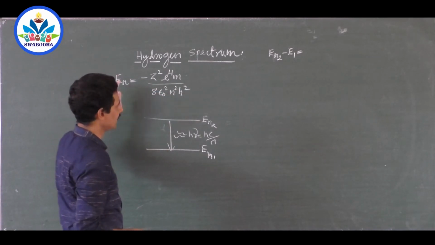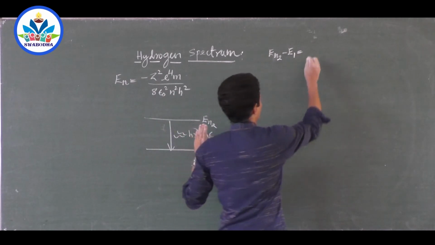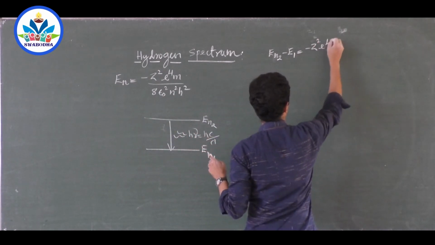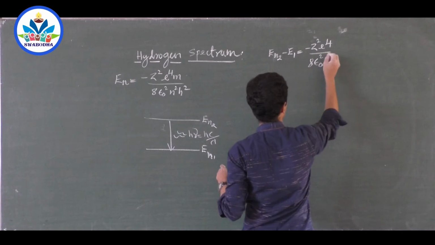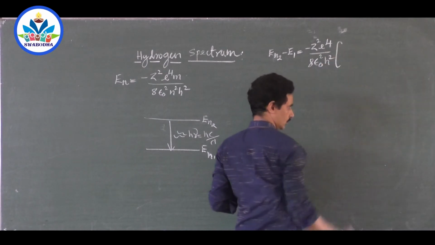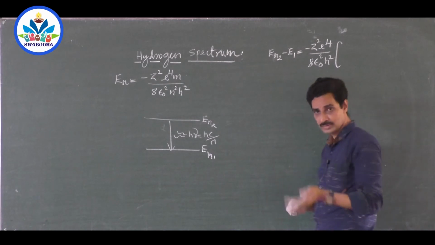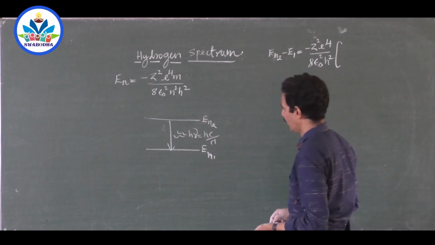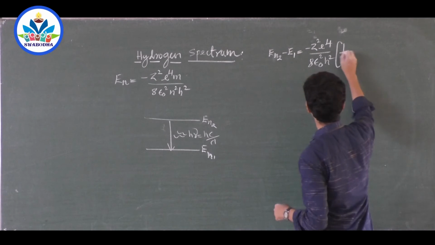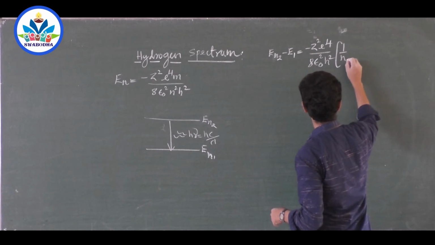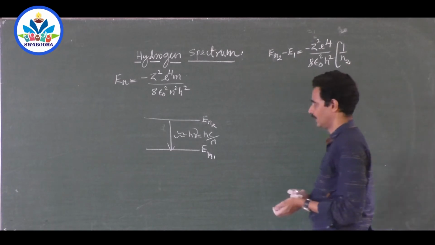So En2 can be written as minus Z square e to the power 4 m divided by 8 epsilon naught square h square, and the common thing we will put outside the square bracket. The uncommon is n, 1 by n2 square, higher energy level.